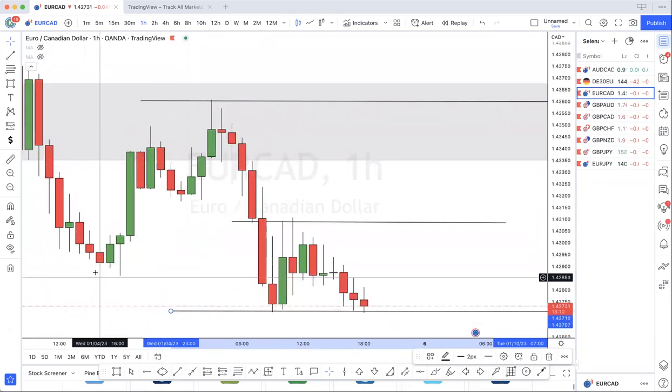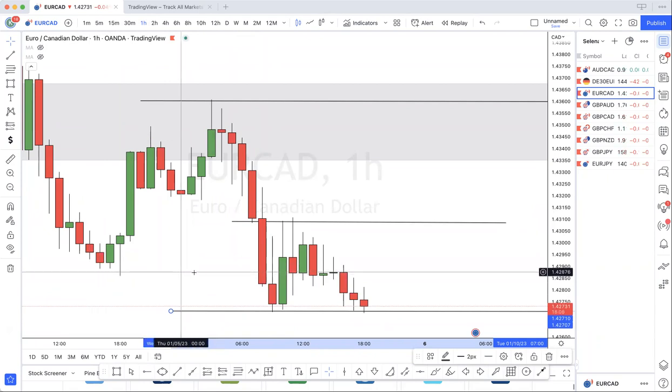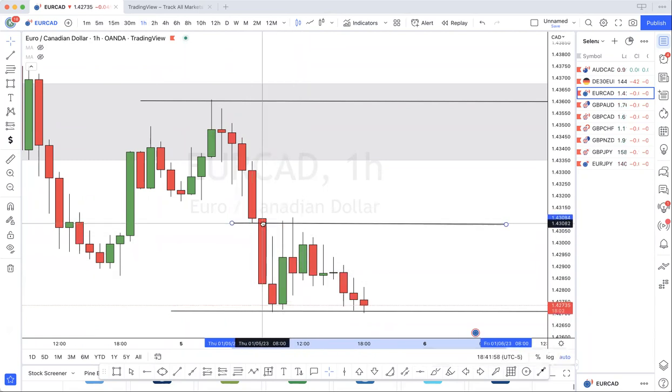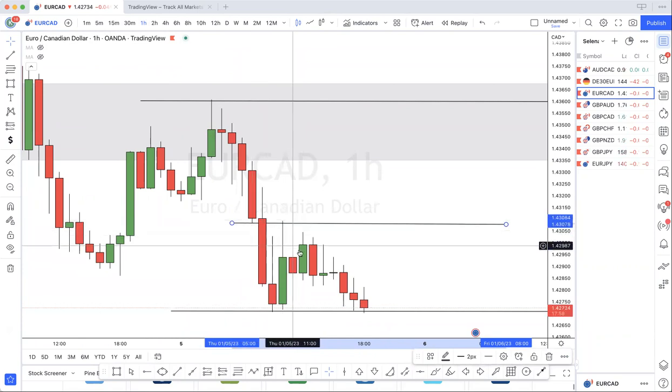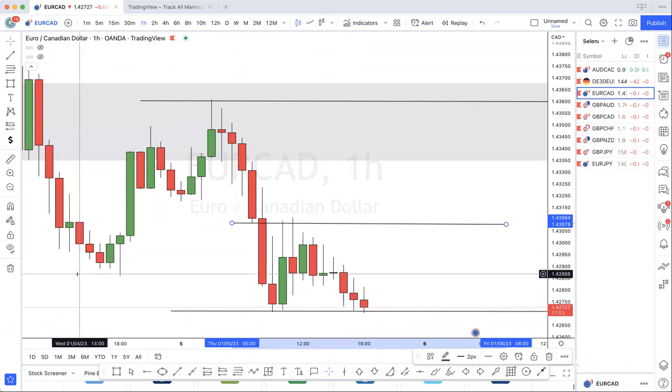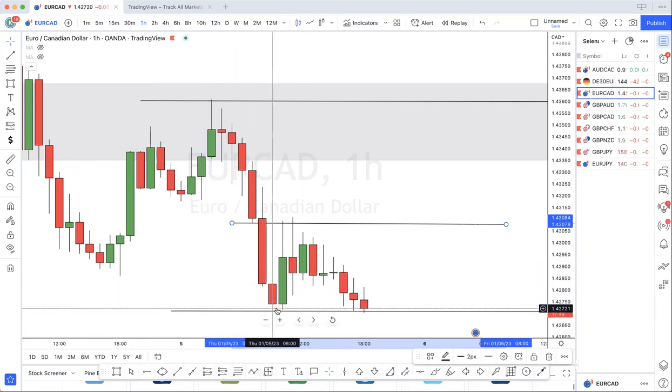So when it broke this level, you're expecting a pullback, and it filled in this imbalance. That's what that was. Price came back, filled in this imbalance, and then started selling back down, because you had this break. So you're expecting a pullback, and the pullback came to fill the imbalance.